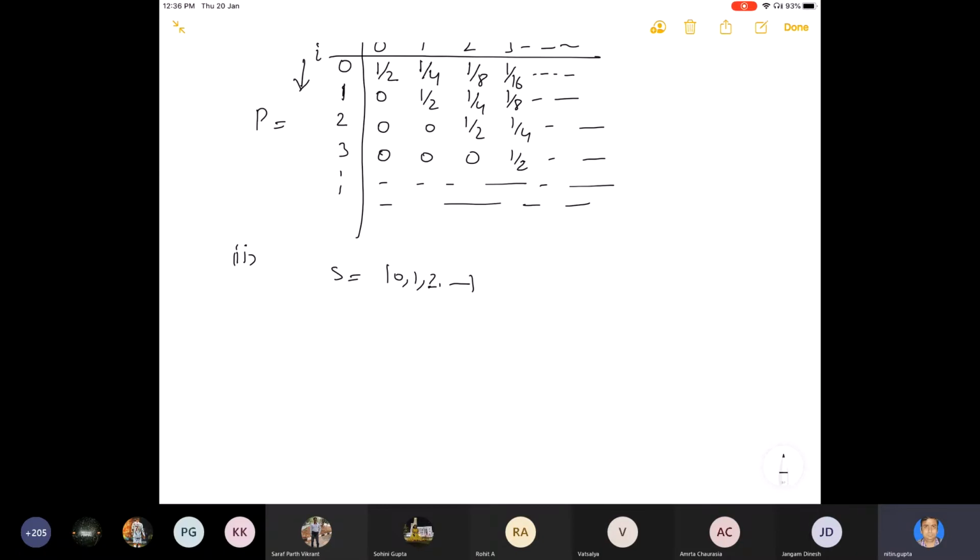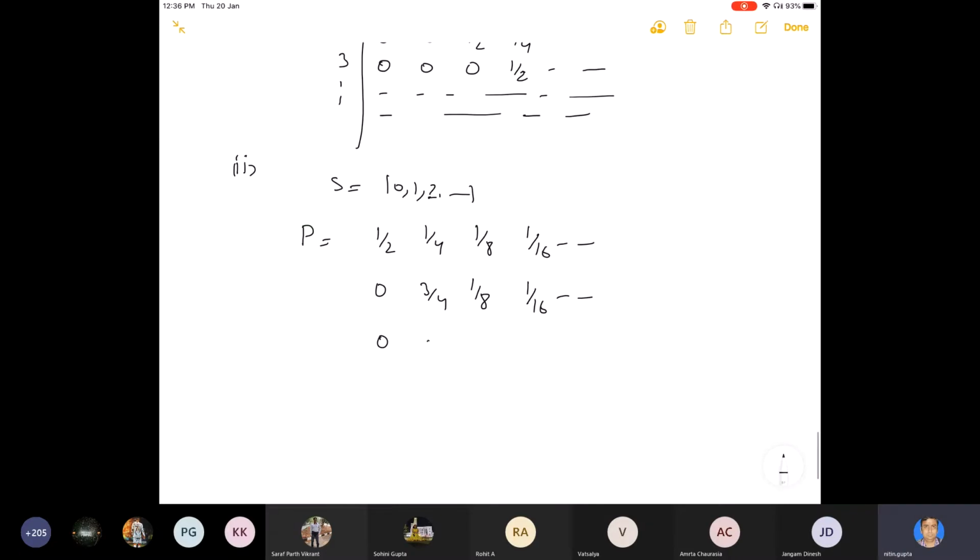And the TPM rows are: 1 by 2, 1 by 4, 1 by 8, 1 by 16; 0, 3 by 4, 1 by 8, 1 by 16; 0, 0, 7 by 8, 1 by 16, and so on.